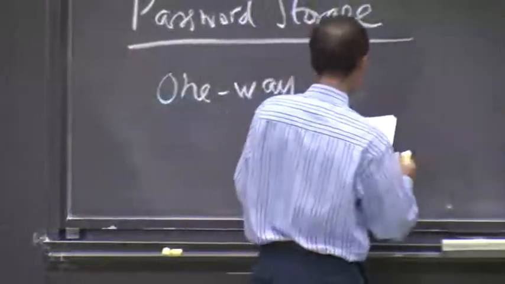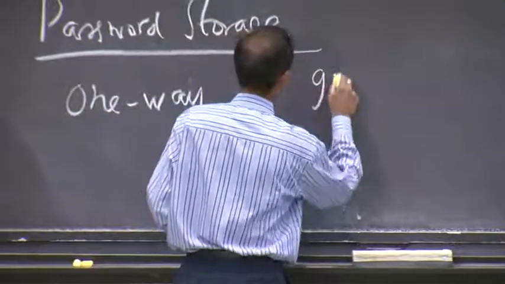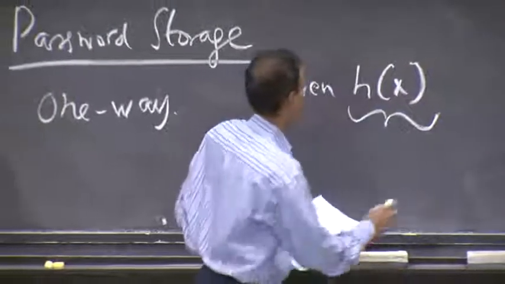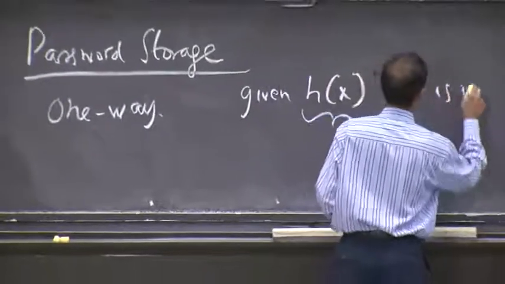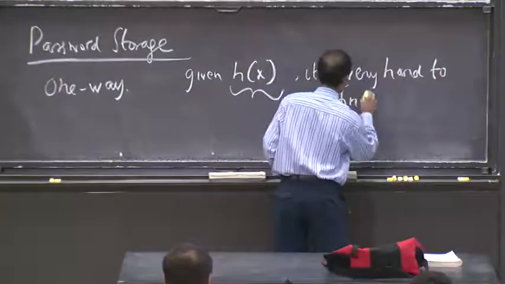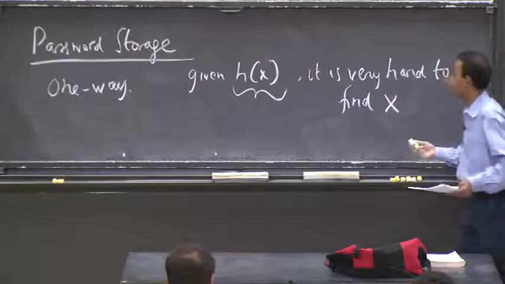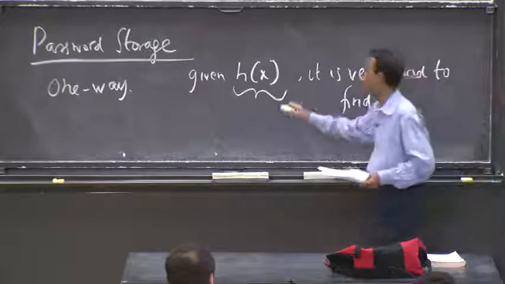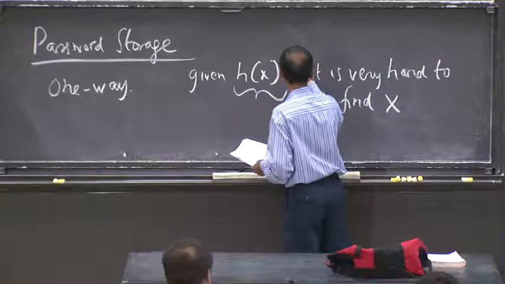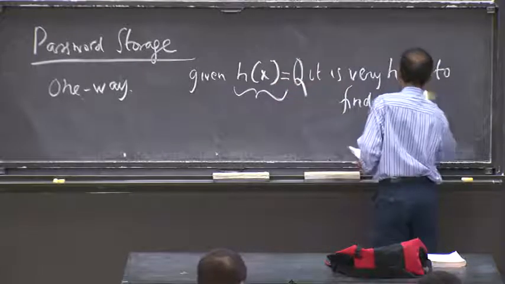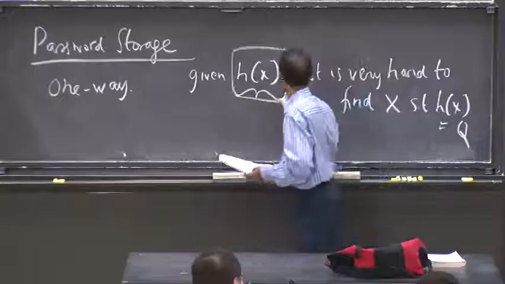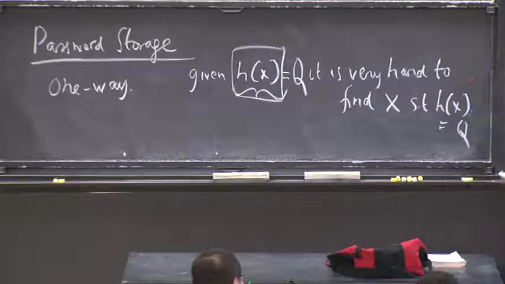What that means is that given h(x), the value of the hash, it is very hard to find x such that x hashes to this value. So if h(x) equals, let's call it q, then you're only given h(x). And so what do you do now?